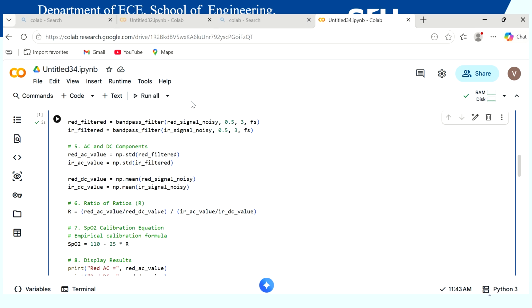So AC by DC of red divided by AC by DC of IR. This is the ratio of ratios, R.